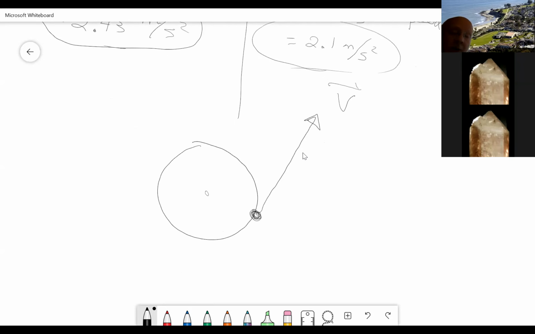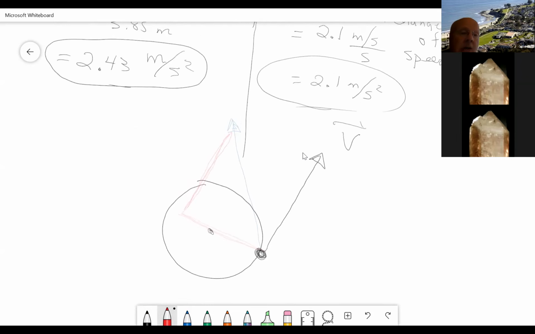I was doing it in blue before, so I'll do it again. We found something that's going off like this. And the components, which I did in red, would be this component, which would be the radial component, and this component, which would be the tangential.